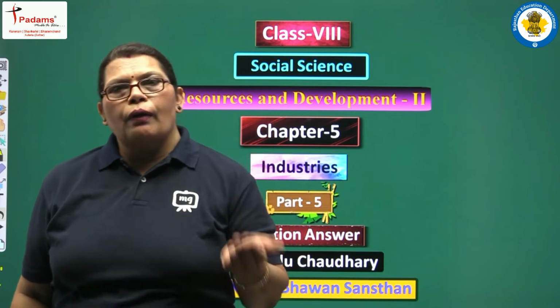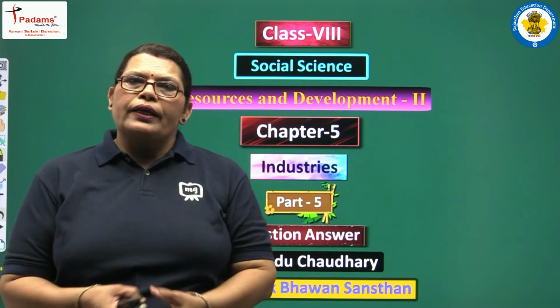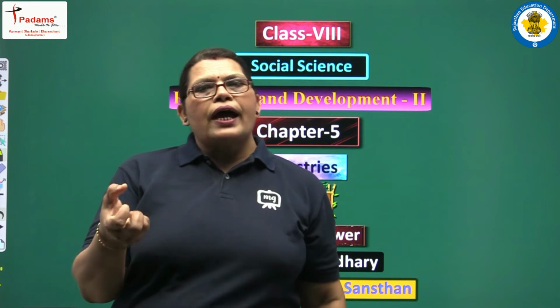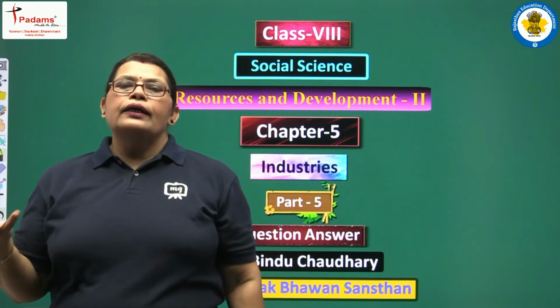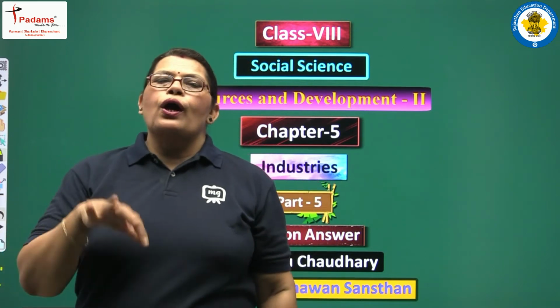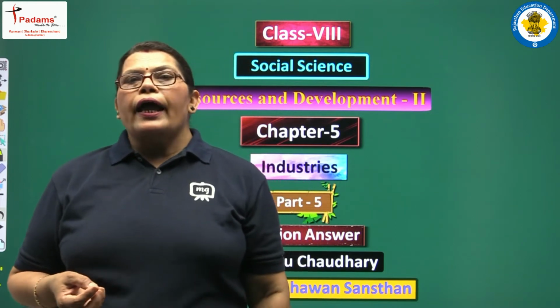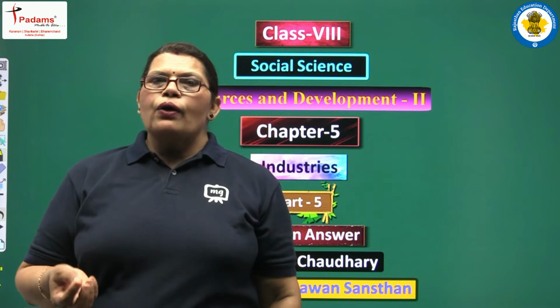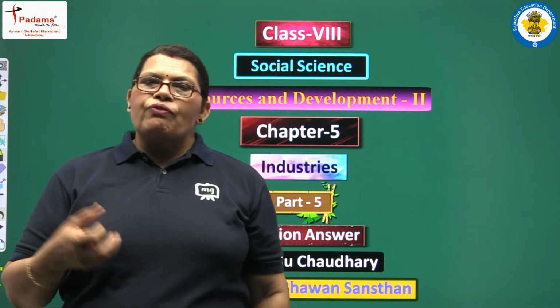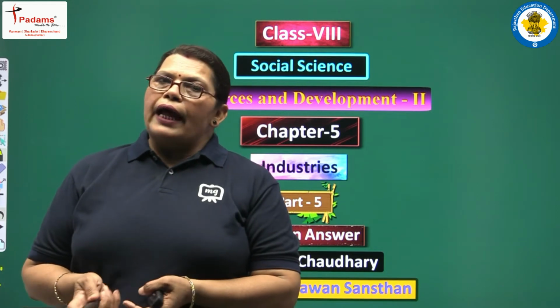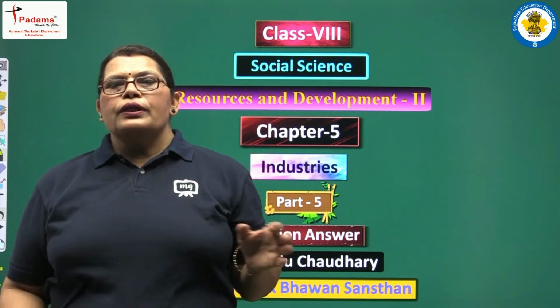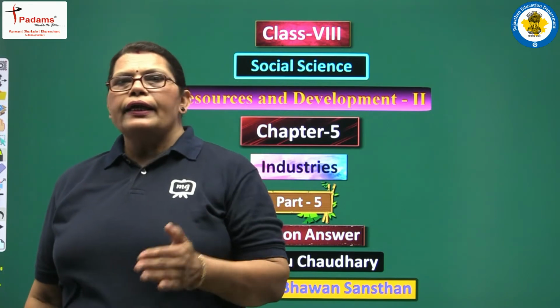When we are talking about small scale industries, students, these are industries which are held at nearby shops or nearby houses or even in the houses, in a very small amount, and a few people or family persons are in that one.